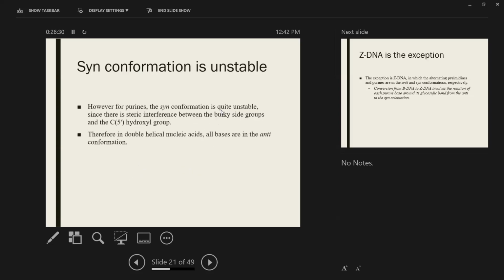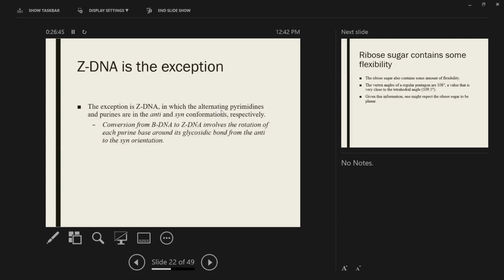Because of the steric hindrance between the bulky side groups and that 5' hydroxyl, in double-stranded nucleic acids in the A form and the B form of DNA, all your bases are in the anti-conformation. The exception, of course, is Z DNA. We have alternating purines and pyrimidines, and they alternate in the anti-syn, anti-syn, anti-syn.